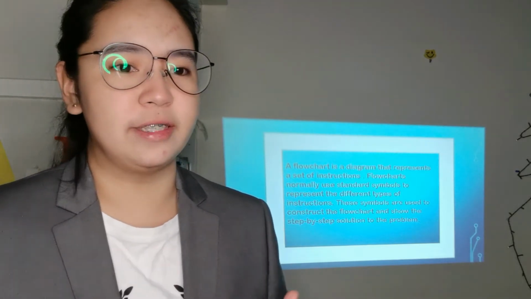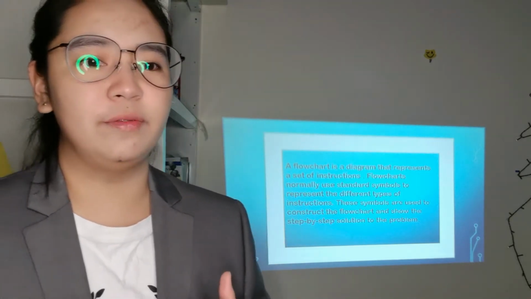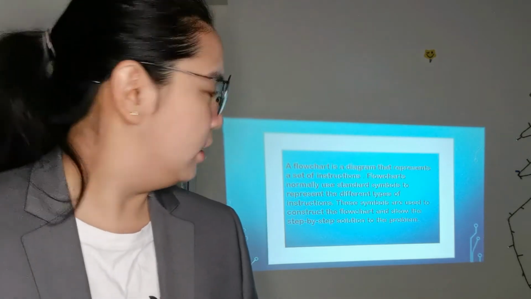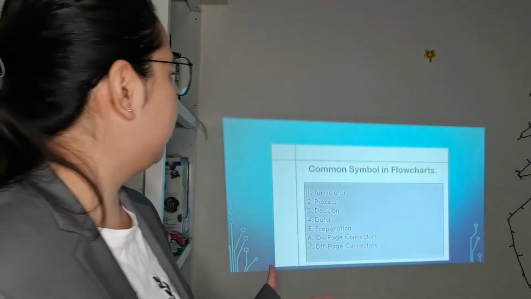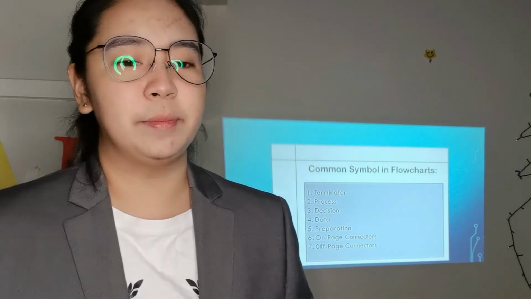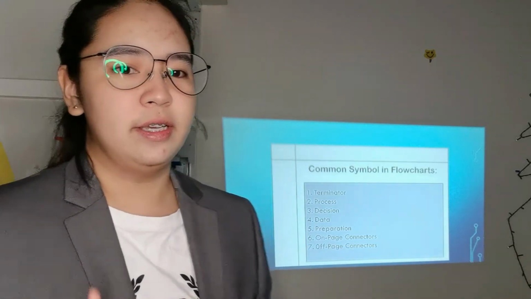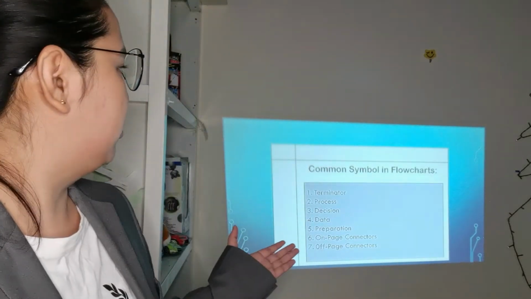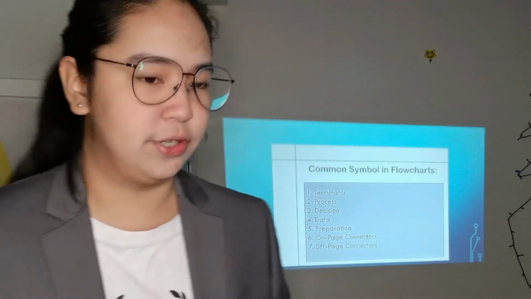So we have symbols used in flowcharts. The most common flowchart symbols are terminator, process, decision, connector, data, preparation, and others like on-page connectors and off-page connectors.